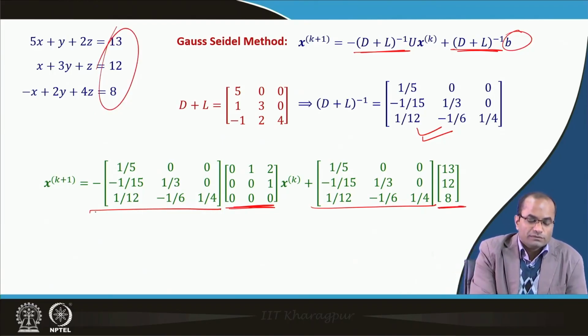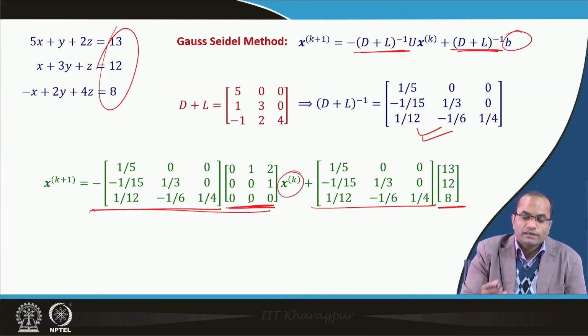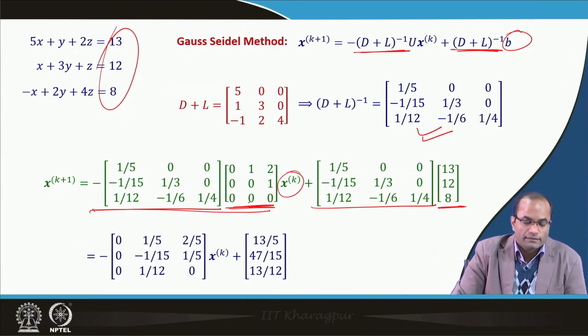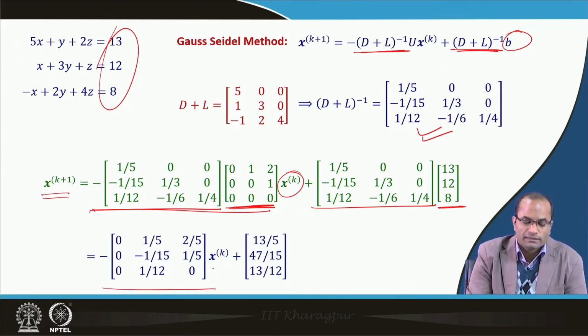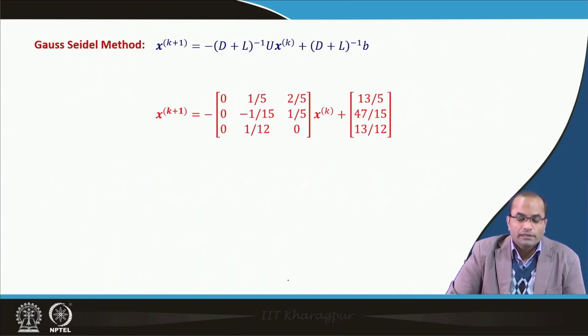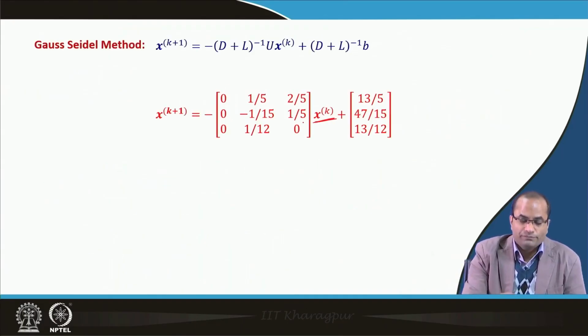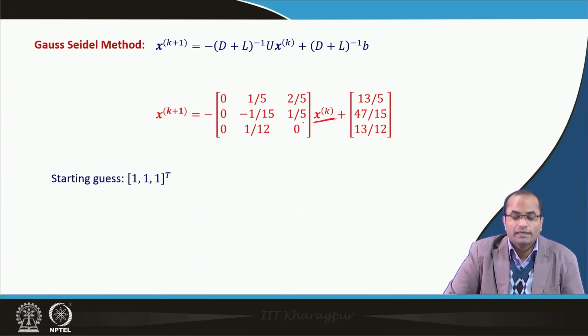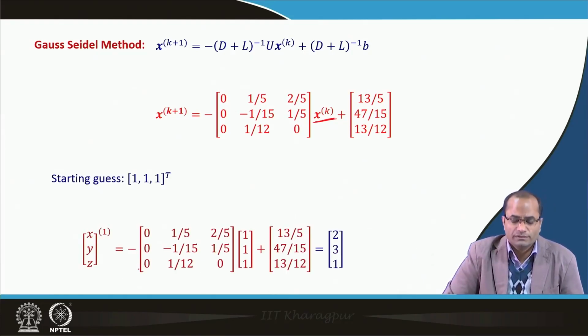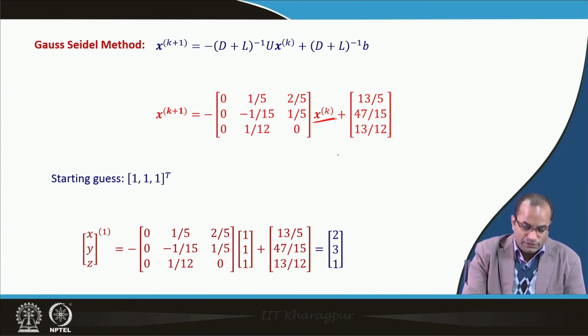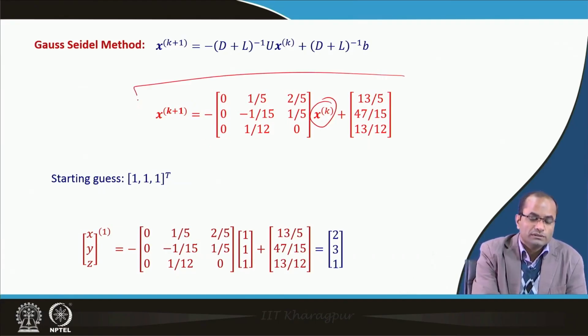And then we need to just multiply this one, x 0 we can take 1 1 1, and so we have this iteration scheme that x k plus 1 is equal to this matrix multiplication with this vector plus this vector, and if we plug this initial guess here, for instance 1 1 1, and do this evaluation, we will get 2 3 1.